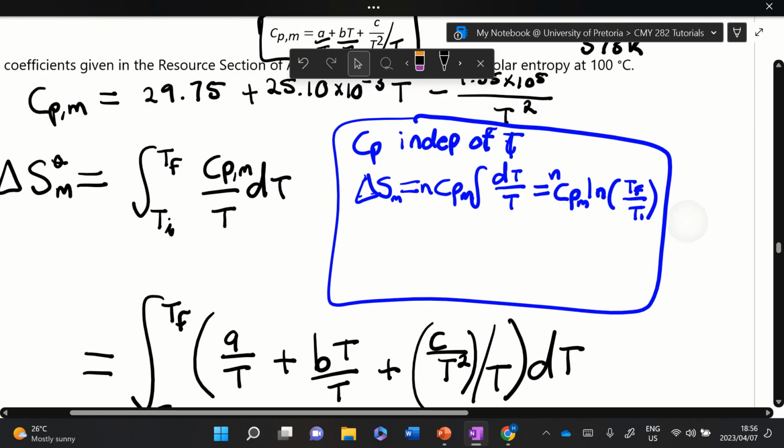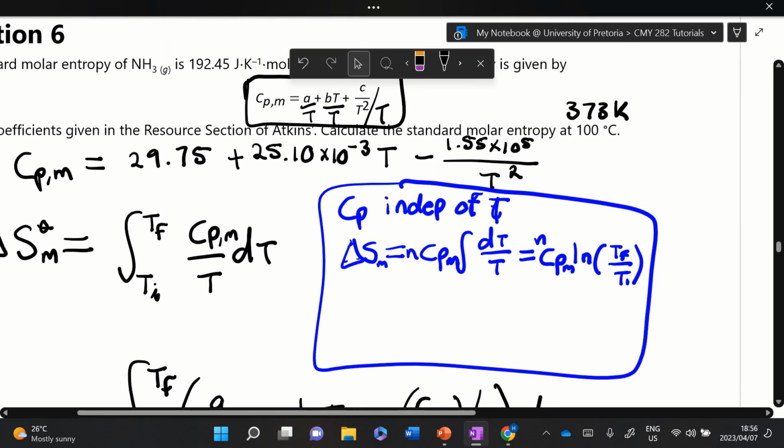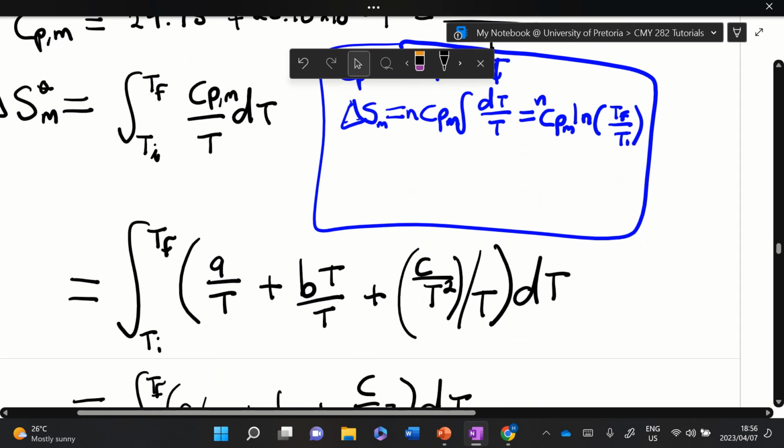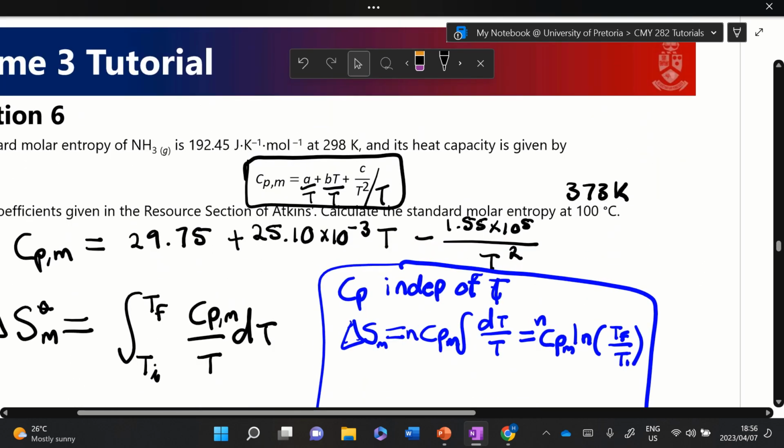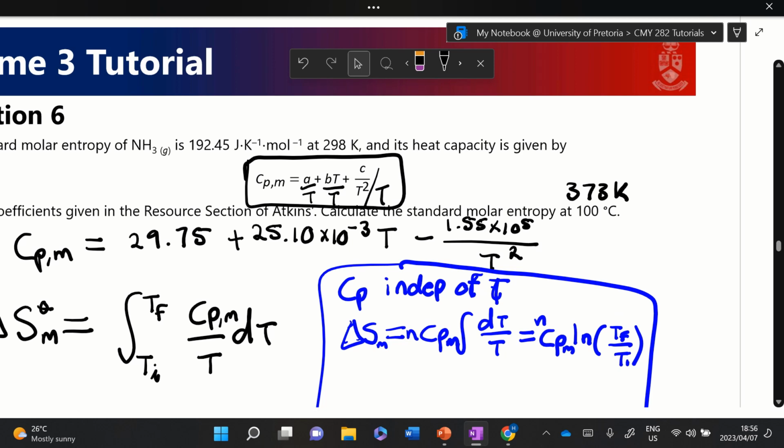Yeah, so of course, if the CP were independent of temperature, what would we have done? Would have done that. Now, because it isn't independent, it's that. And remember, I can give you any type of function that's dependent on the temperature and give you coefficients, and you will need to be able to calculate how the entropy changes.